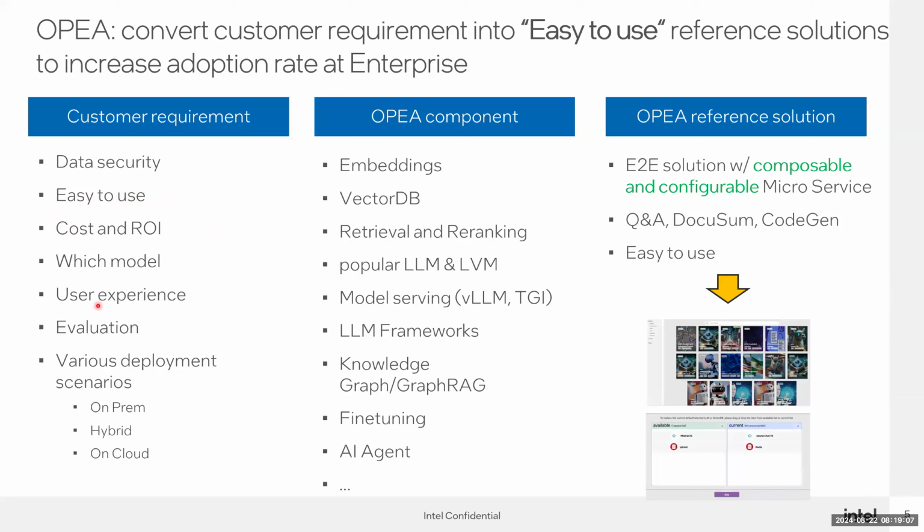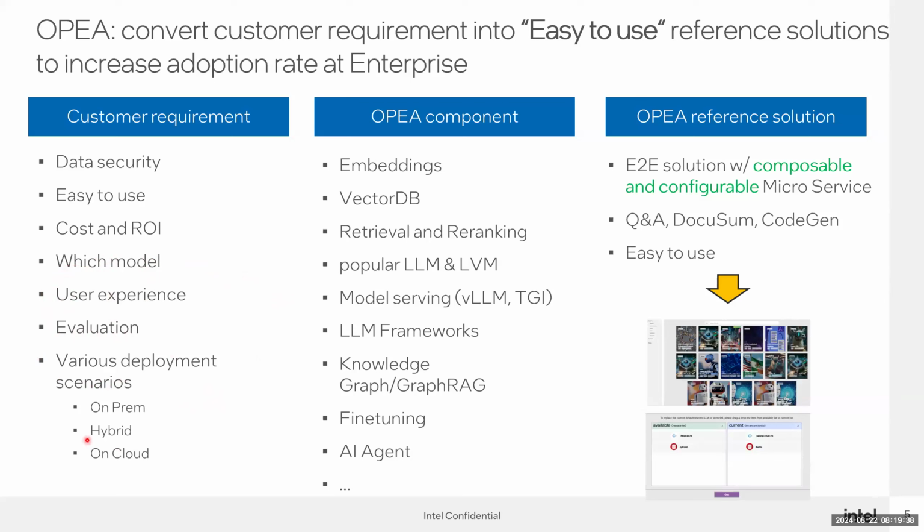From a user experience perspective, probably text to text is no longer sufficient. We need a digital human, we need an avatar, and we need a lot of different things to make the entire user experience super good. And how do I evaluate my solutions? Do I support the evaluation framework enough? And also the deployment scenarios. Should I purchase the hardware, CPUs and GPUs, to build my own data center on-prem to make it super secure?